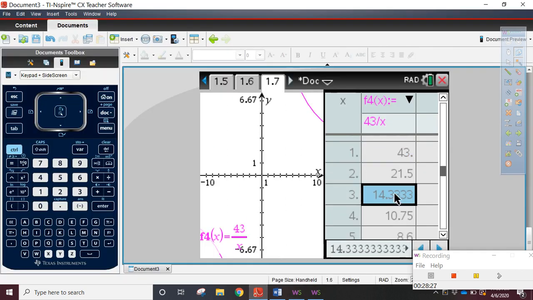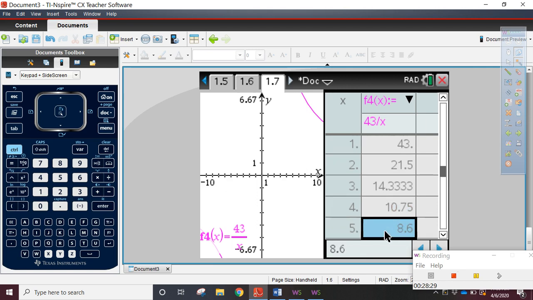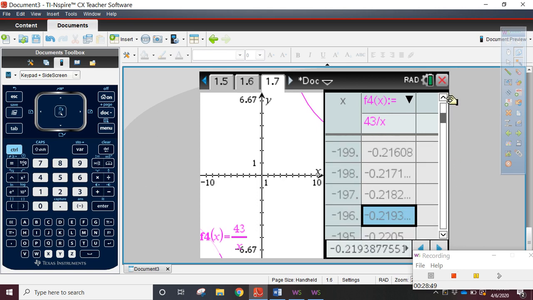These are giving me decimals. Remember that we are looking for just whole numbers that evenly divide. As I can see here, if I keep going down, I don't see any other numbers that evenly divide into 43. It looks like 43 is a prime number.